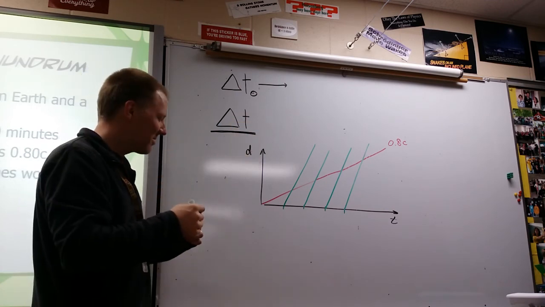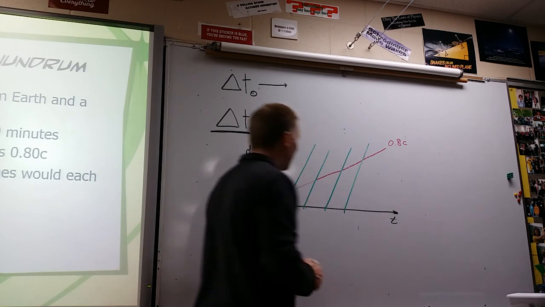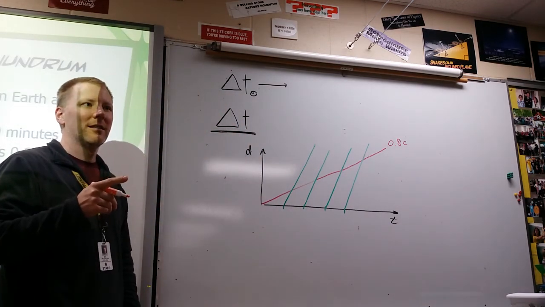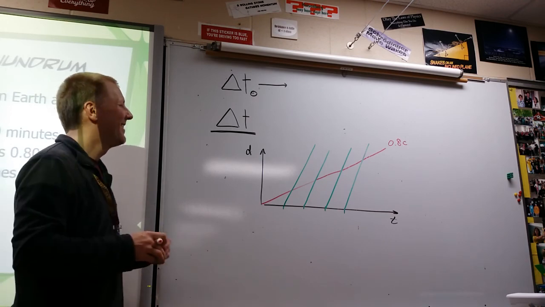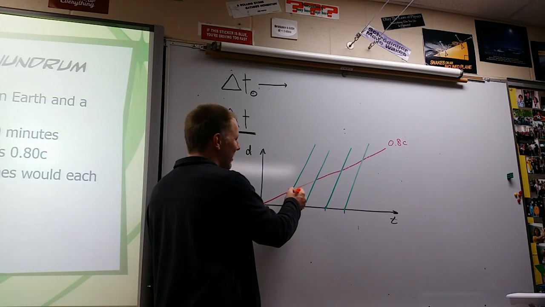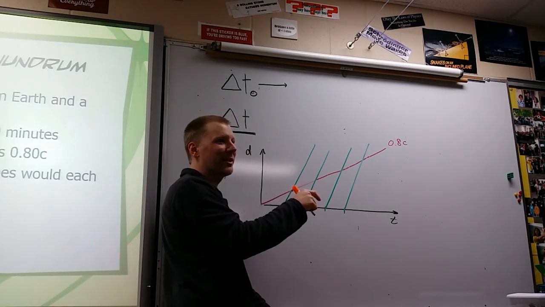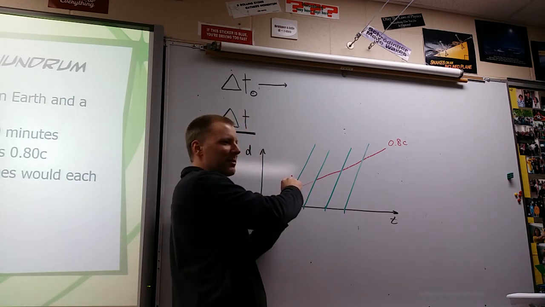Now here's the problem though, because the ship is also emitting some light. So if the ship emits it here, it's still going that way, but it's decreasing in time. This one will be a lot harder. So it would be the same slope, the reciprocal slope, so same steepness, but now negative.